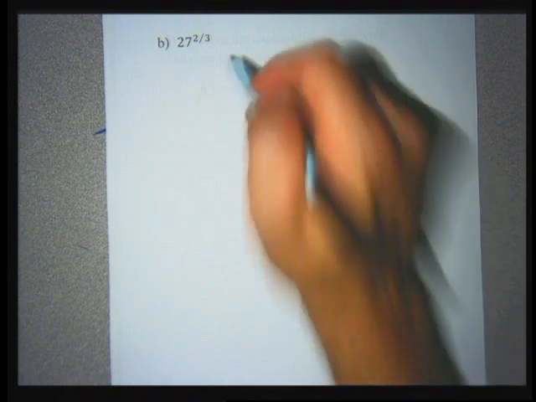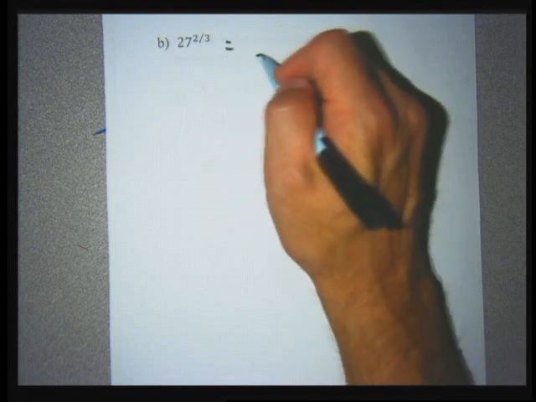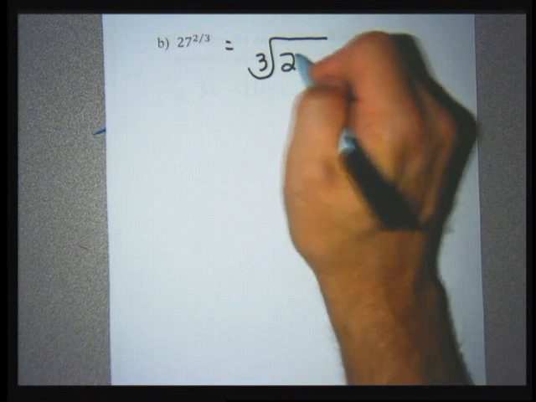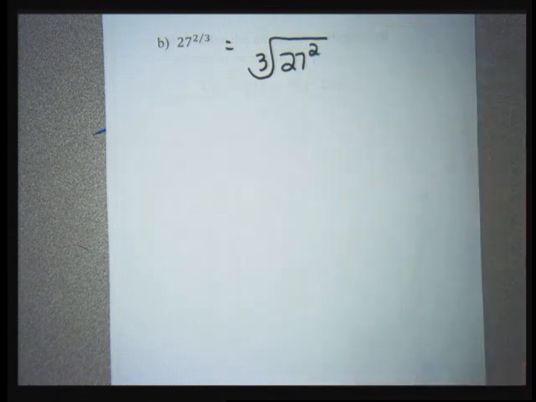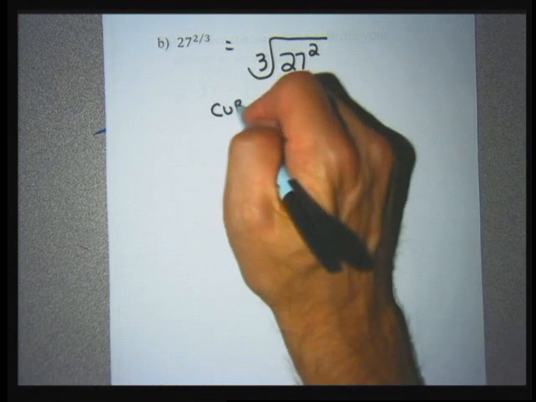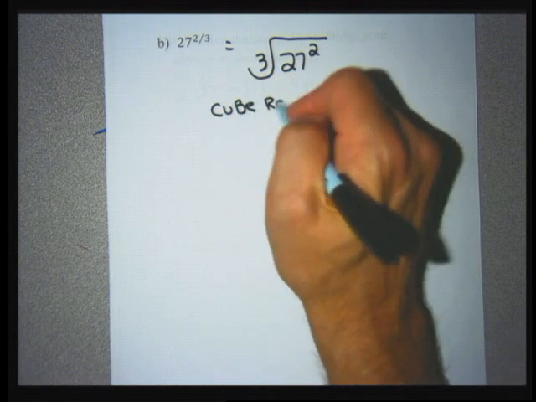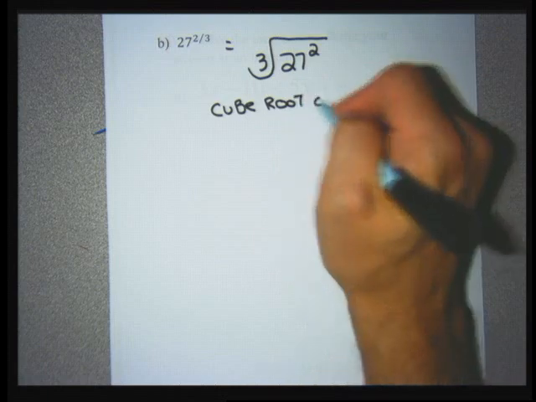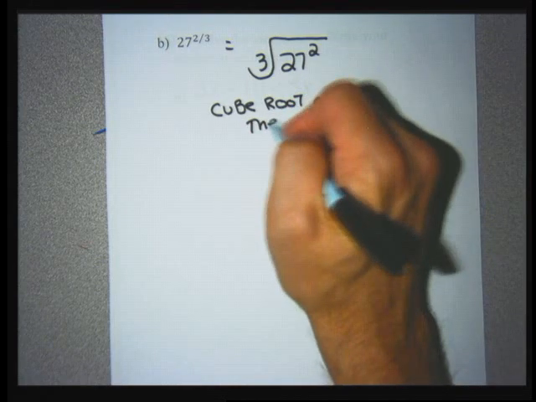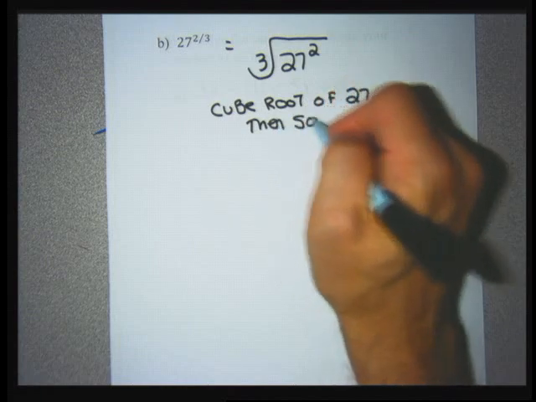15b is actually the same style of problem, maybe a little bit more confusing because of the 3 in the denominator. But just like I did 15a, I'm going to write it in a radical form. So it's going to be the cube root of 27 squared. And then the first thing I'm going to do is the cube root of 27, and then I'll square, as opposed to squaring and then cube rooting.